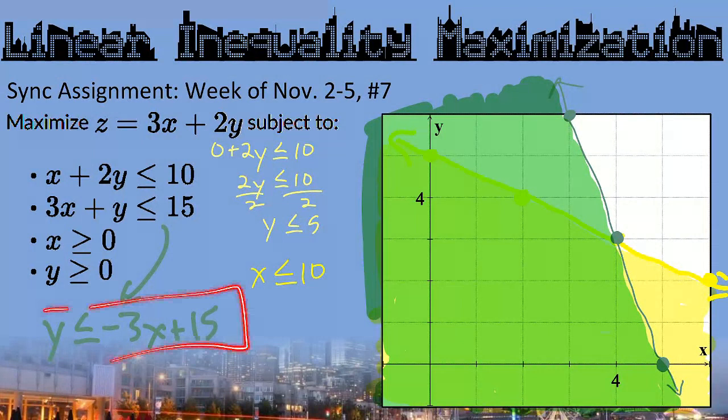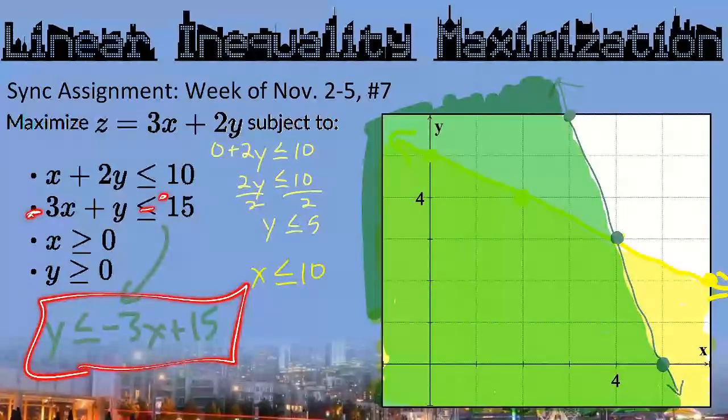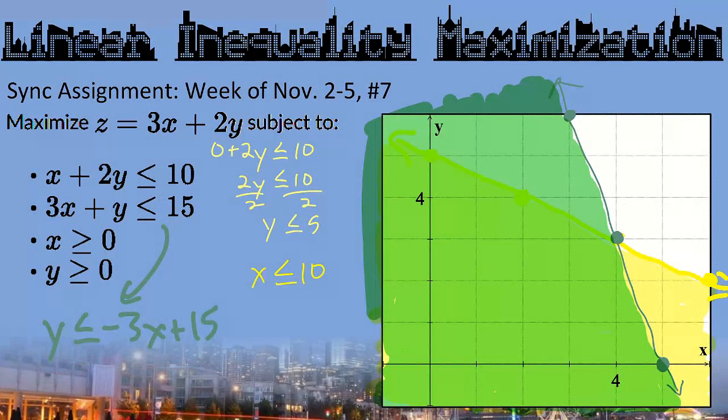Okay, you see this right here? All I did was subtract 3x from both sides, and I got this. Is that good? Well, what I noticed is that if I put a 5 right here, then this is negative 15, right? Negative 15 plus 15 is 0, so that makes y value 0 when the x value is 5. That's right here.